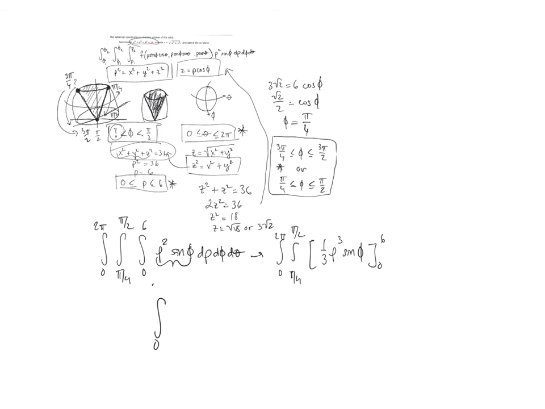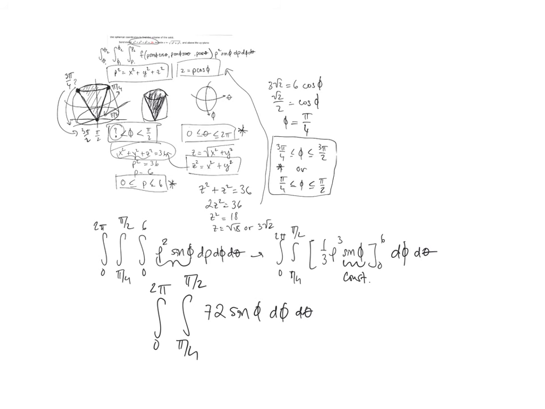So integral from 0 to 2 pi, pi over 4 to pi over 2, of 72 sine of phi d phi d theta. When I integrate with respect to rho, I treat sine of phi as a constant.